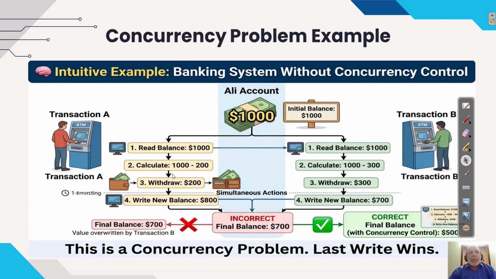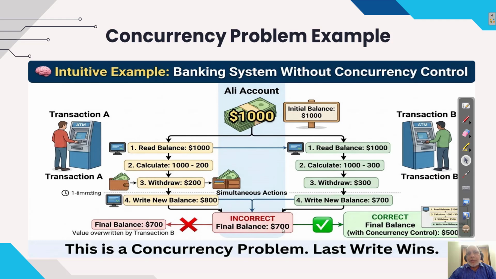At the same time, the transaction 1 user deducts a withdrawal of $200 and the new balance is $800, right? But because user 2 in transaction 2 read the same $1,000, it withdraws $300 and writes the balance as $700.